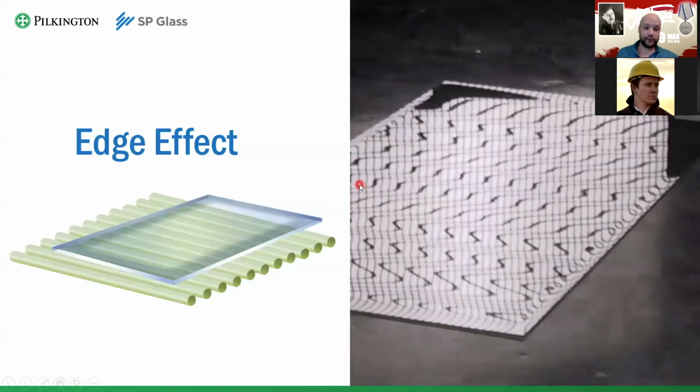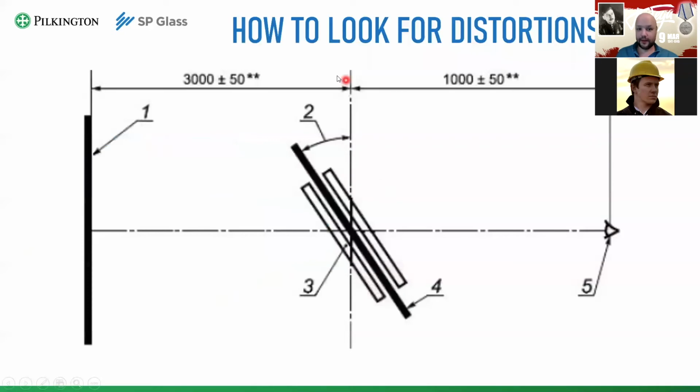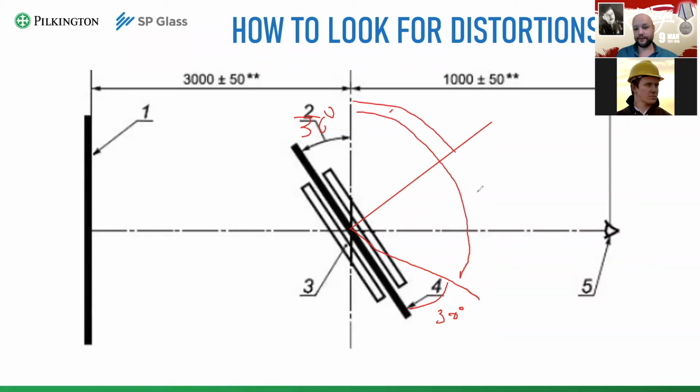Yeah, forgot to mention. The angle at which you should be looking, which is stated by the standard, is about, you see, this is 30 degrees. And let's hold it 30 degrees here. So you should be looking at this angle.